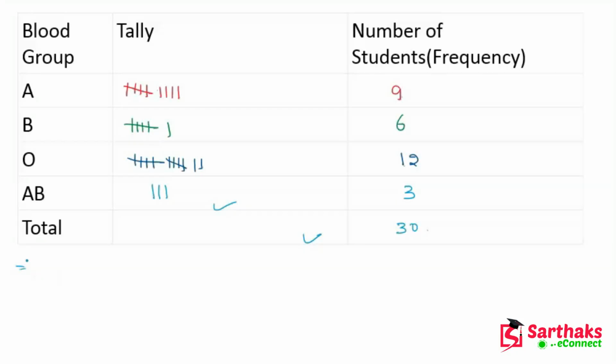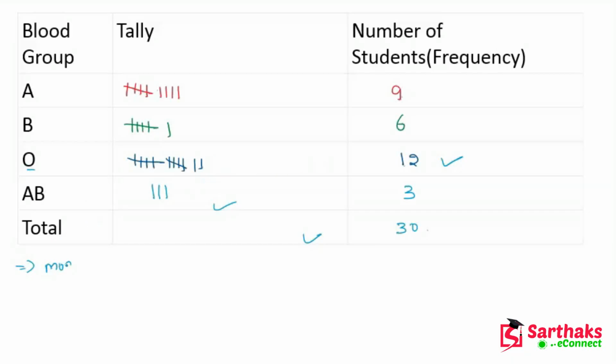So what is the most common blood group? Here you can see in the table, in O there are a total of 12 students, means there are 12 students having the blood group O. So we can say that O is the most common blood group.